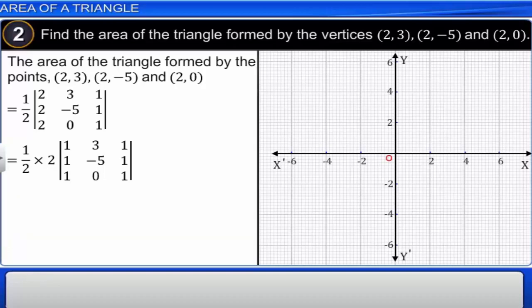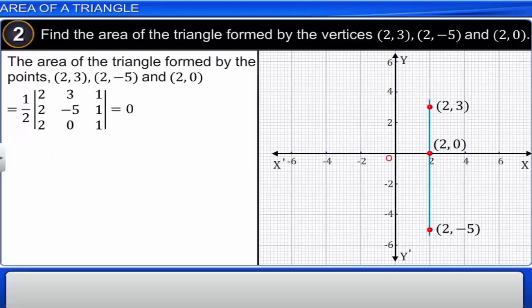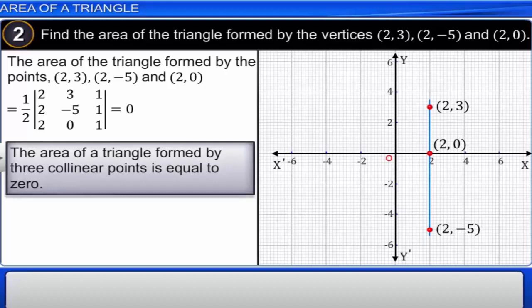This implies the value of the determinant is 0, and hence the area of the triangle is 0. It can be verified graphically also by plotting these points. Observe that no triangle is formed with the given points, and hence the area is equal to 0. This leads us to the result that the area of a triangle formed by 3 collinear points is equal to 0.